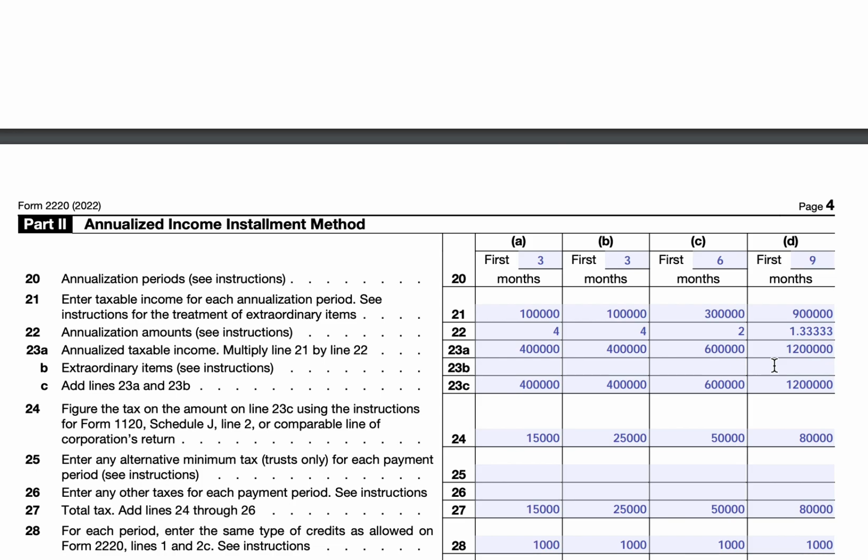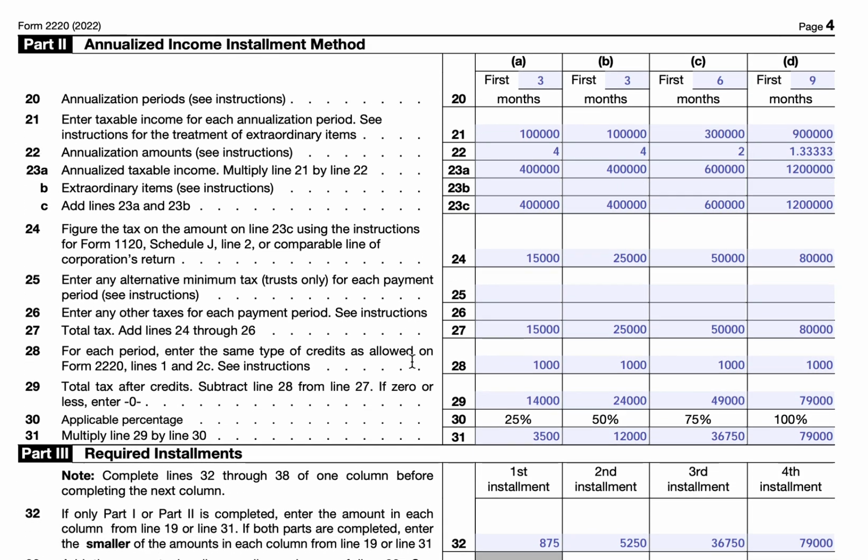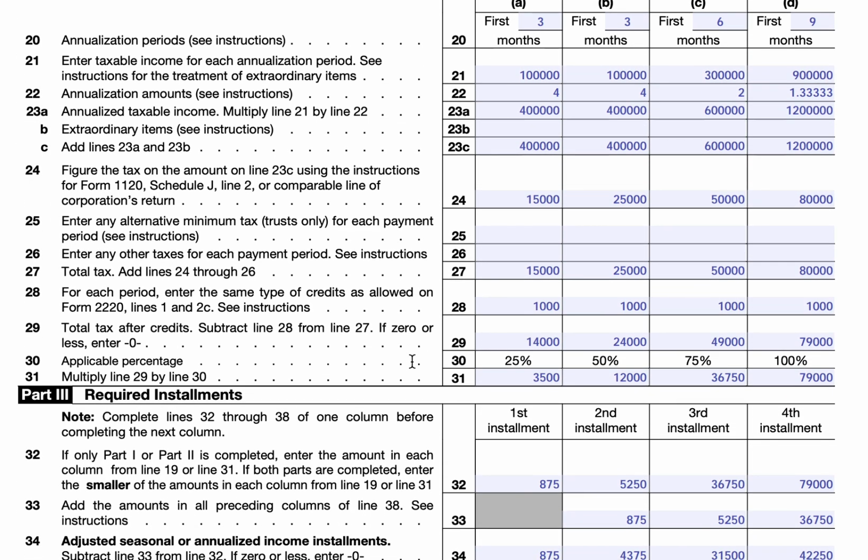So any item that's identified in Treasury Regulations section 1.1502-76B, a net operating loss carryover, Section 481 adjustment, or Section 481A adjustment, a net loss or gain from the disposition of 25% or more of the fair market value of the corporation's business assets, or any other item deemed as an extraordinary item in an Internal Revenue Bulletin. So you can look those up if they apply to you. They do not in this case.